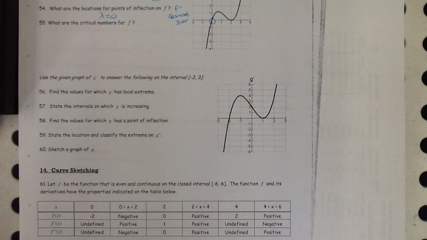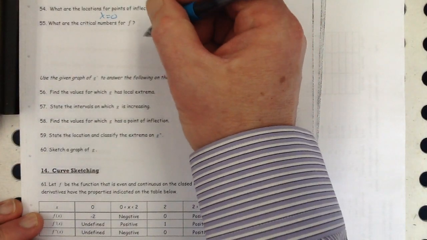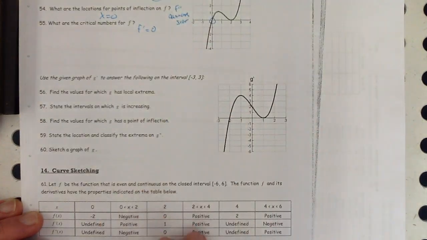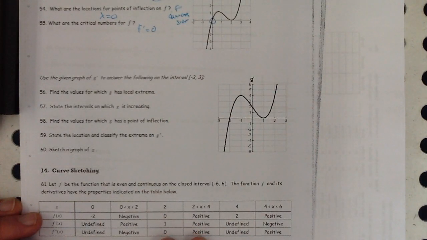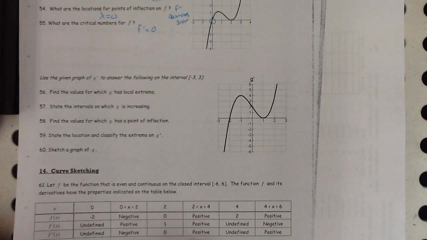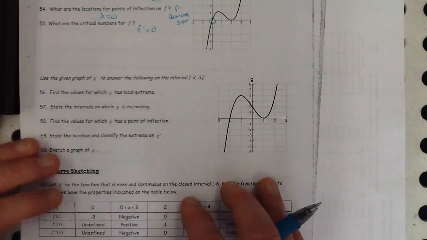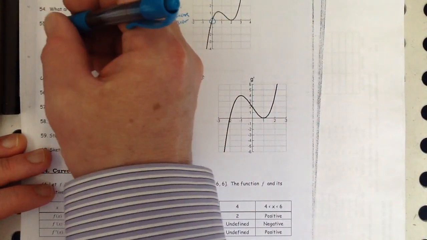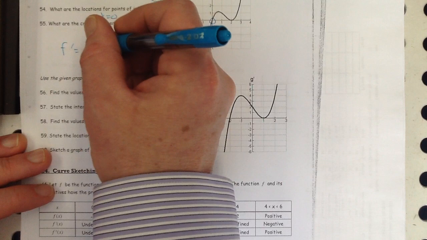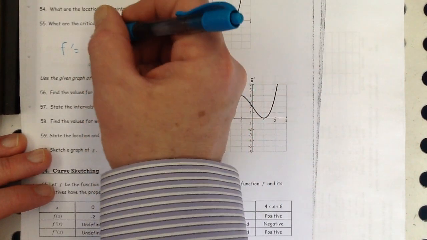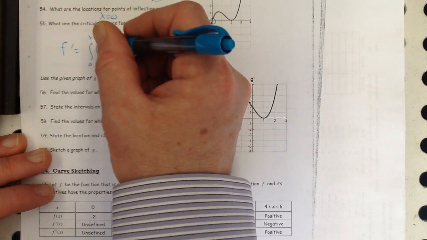What are the critical numbers for f? The critical numbers are where f prime is equal to 0. And without knowing some value, if you think about the fundamental theorem, if I want to get back to f prime, that is equal to the integral from somewhere to x.